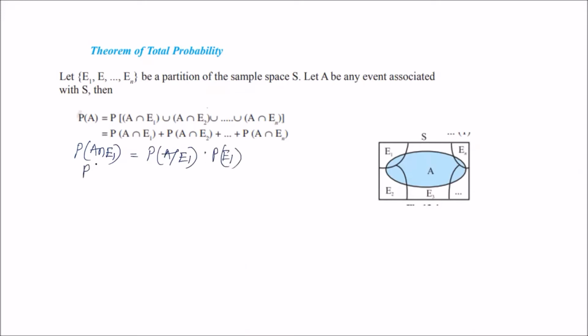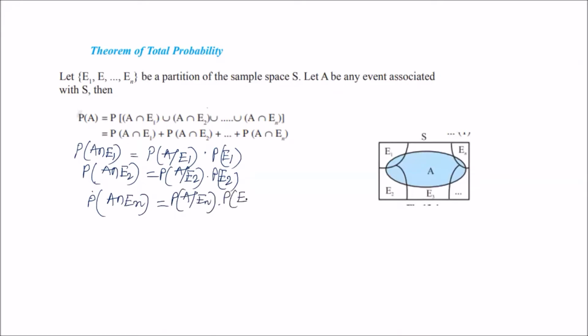Similarly, P(A given E2) times P(E2), and up to En we can write the probability of A given En times the probability of En.